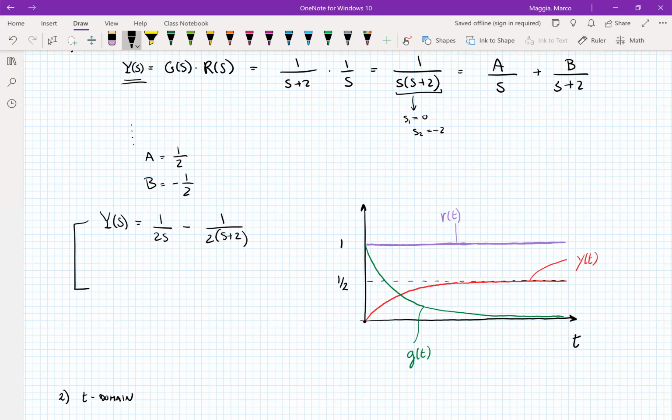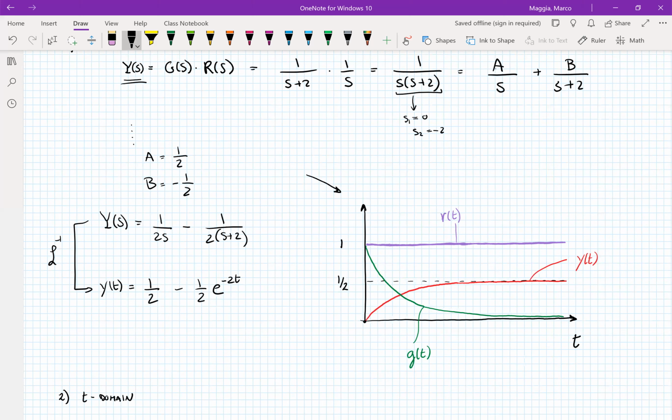So now when we want to go back to the time domain, we have to apply the inverse Laplace transform. And 1 over 2s is simply 1/2, it's just a constant function. And 1 over 2 times s plus 2 is 1/2 e to the power of minus 2t.